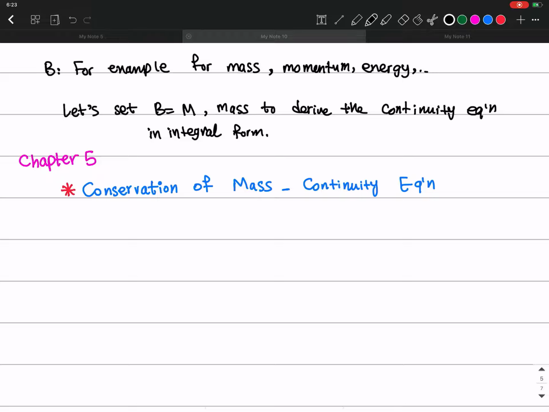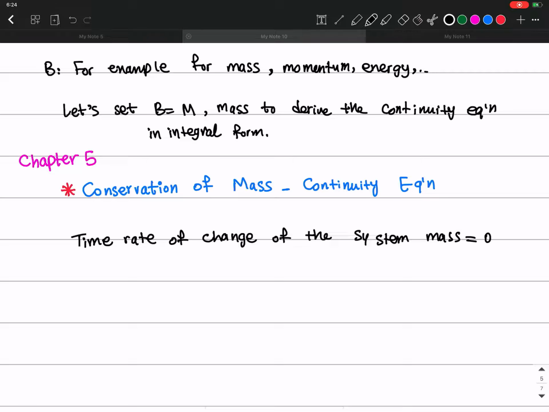Just a brief intuition: the continuity equation states that the time rate of change of the system mass equals 0.